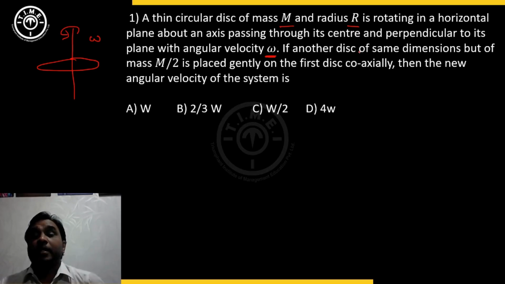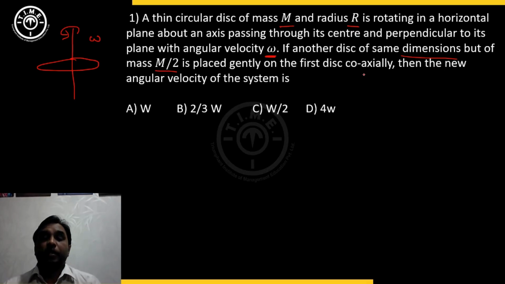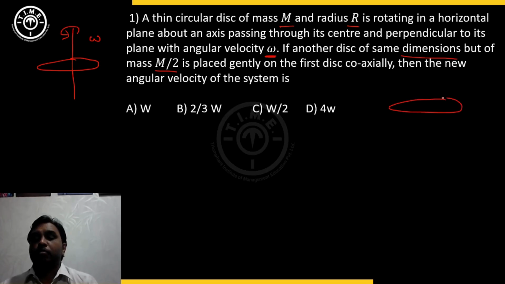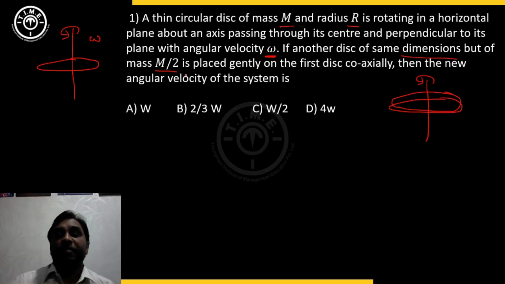If another disk of the same dimensions but mass m by 2 is placed gently, without disturbing the system, on the first disk coaxially, then what is the new angular velocity of the system? Initially we have one disk of mass m and radius r. On this, one more disk of the same dimensions is placed, but its mass is half of the previous one.